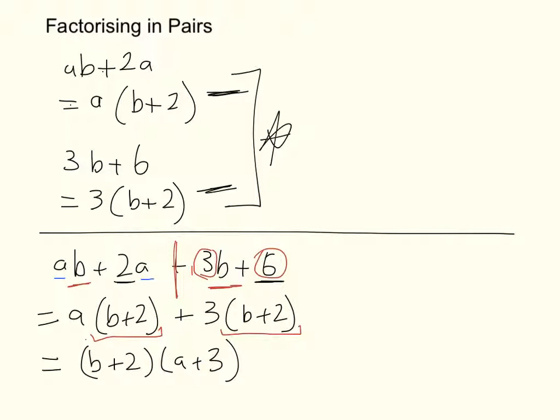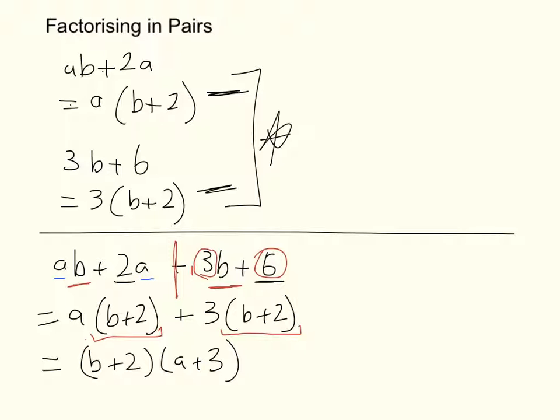Now, this is what we call grouping things in pairs. If there's no common factor running all throughout all the terms involved, we can ask, is there a way that I can find common factors for half of the terms and then the other half, and see if once I've factored that, I end up with something that looks usable.